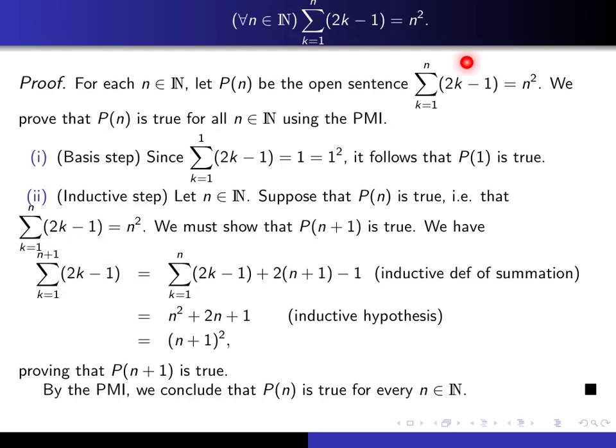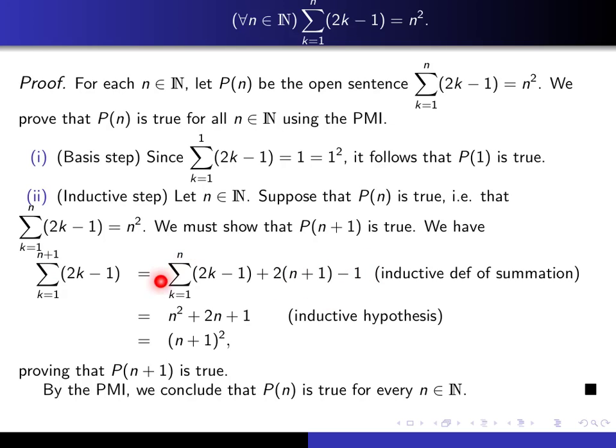So that's the left-hand side of our conjecture, in which we replace n by n plus 1. Now, what is the formal definition of this? Well, using the inductive definition of summation that I introduced in the previous video, it's the sum from 1 to n plus the very last term, and the very last term is obtained by replacing k by n plus 1. So it's this.